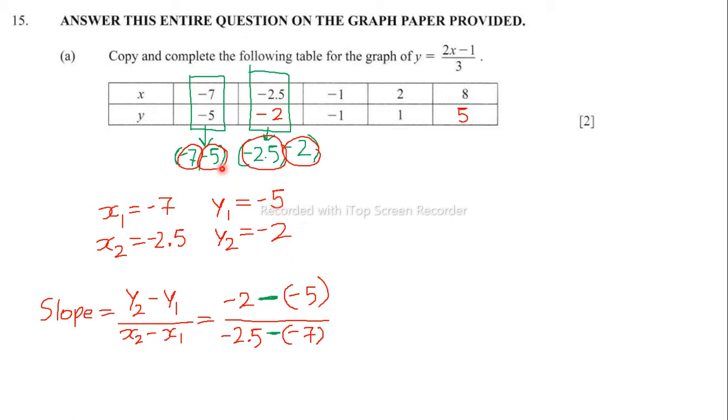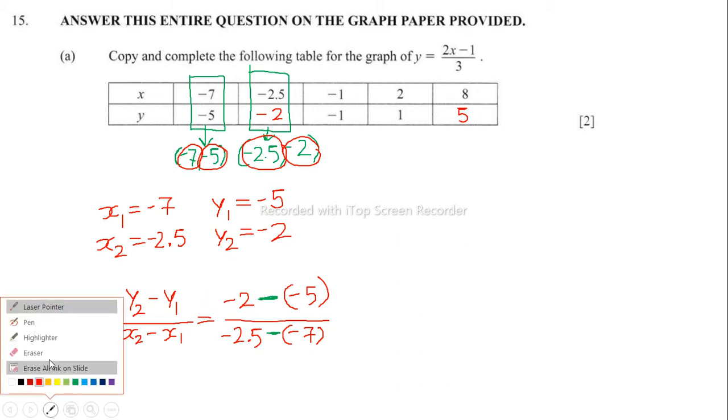And for the second one, it's going to be x2 minus x1, so -2.5 minus -7.